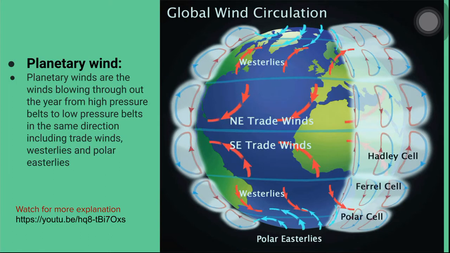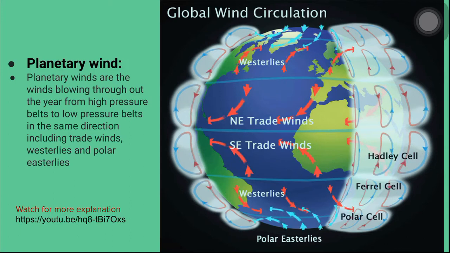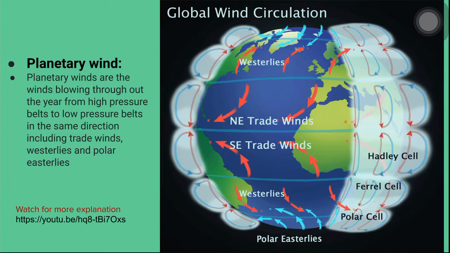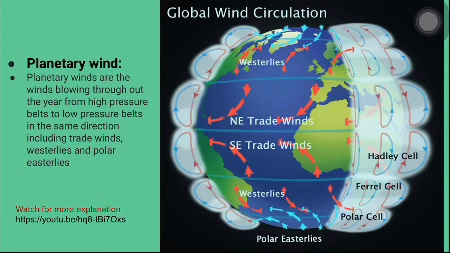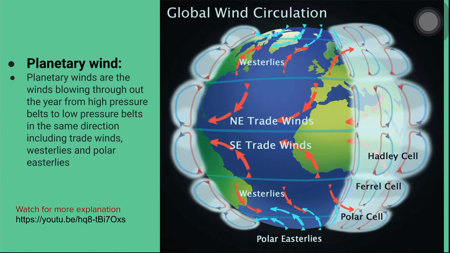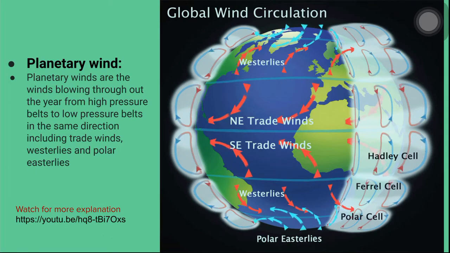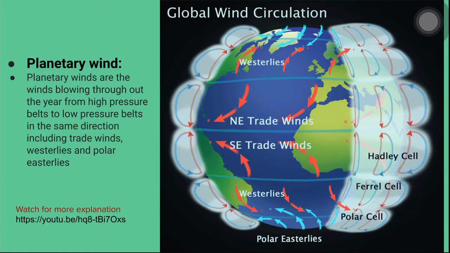In this image, you can see how the uneven heating of the earth is the underlying cause of the global wind system. Since the sun shines directly on the equator, air at the equator heats up and rises, resulting in a low pressure area over the equator.